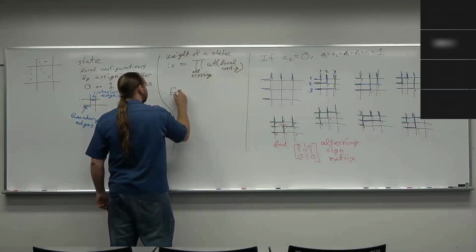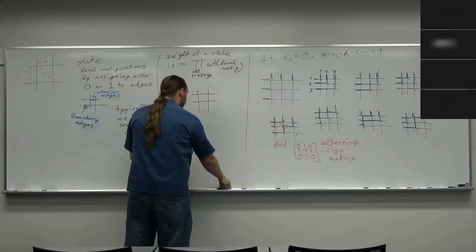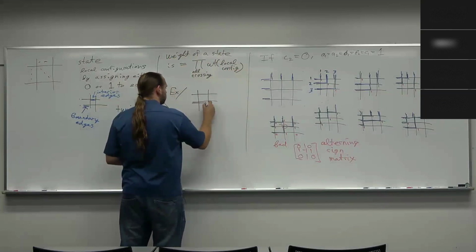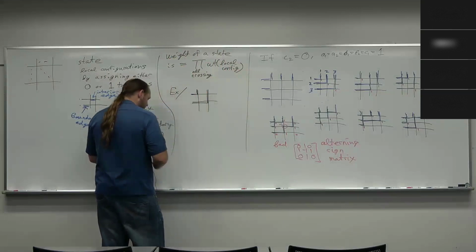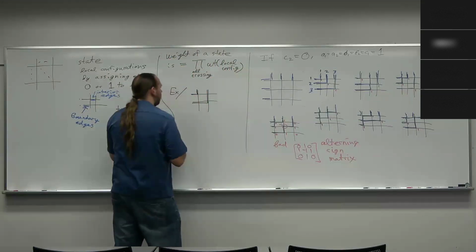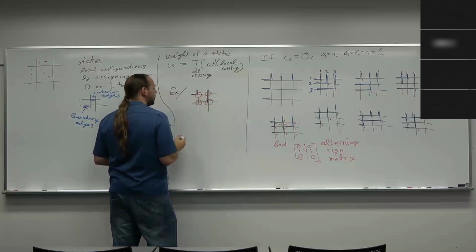So for example, if I take this state here, I have 4 places.